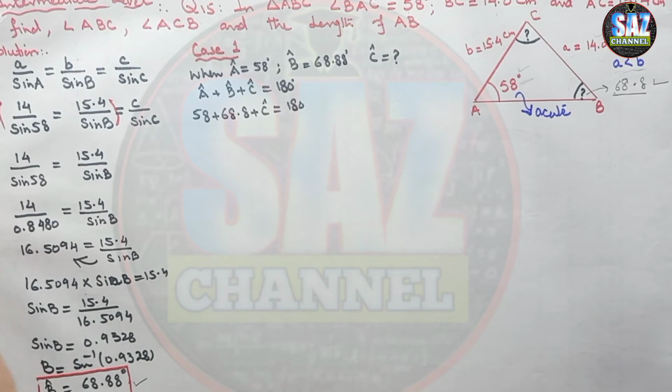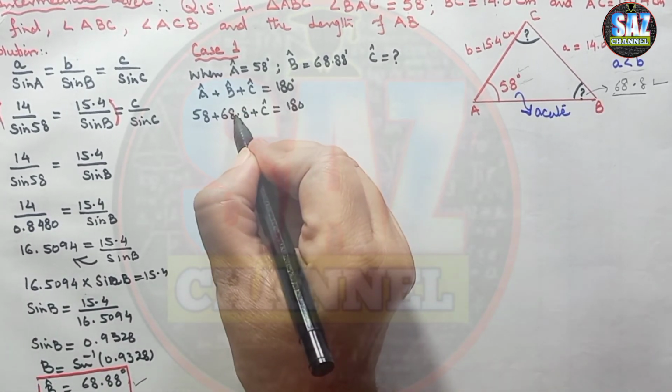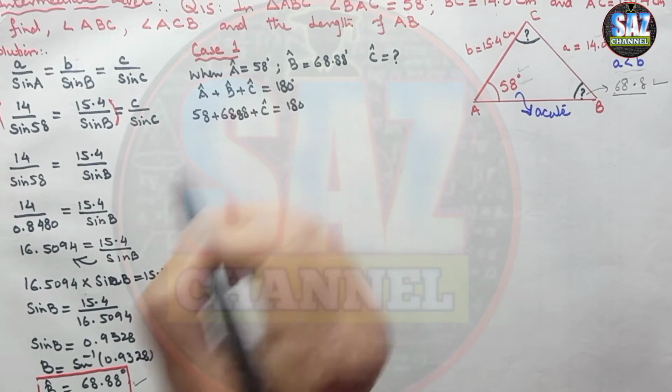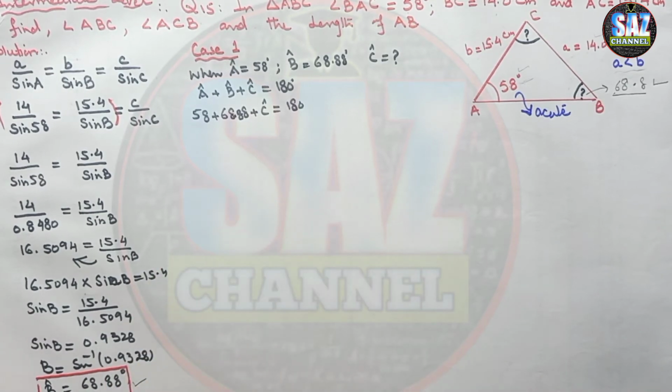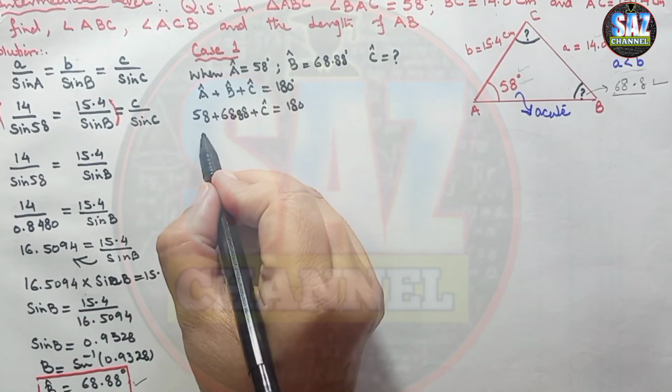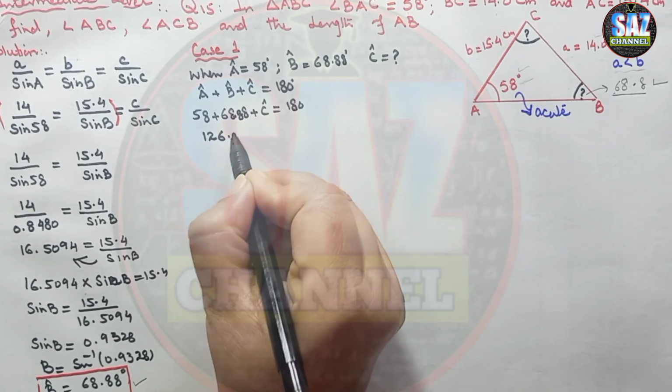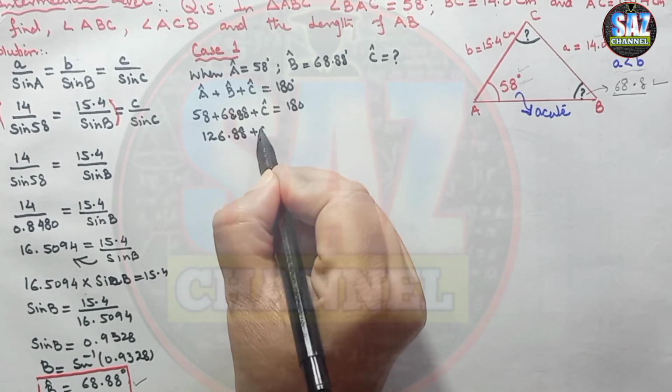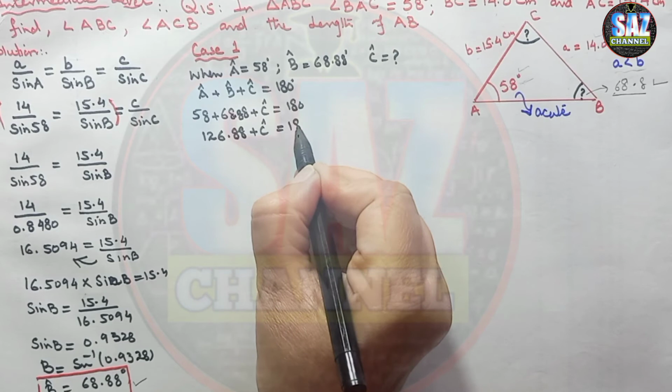Okay, and 58 plus 68.88, I have to write the actual value. This gives me 126.88 plus angle C equals 180 degrees.